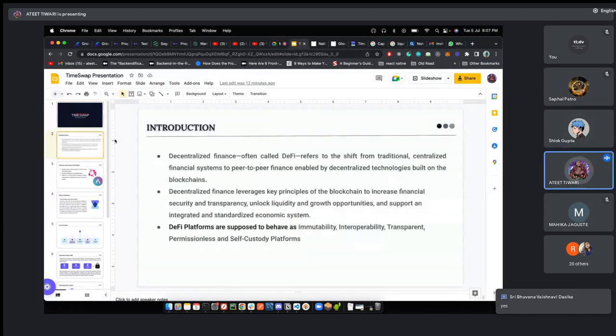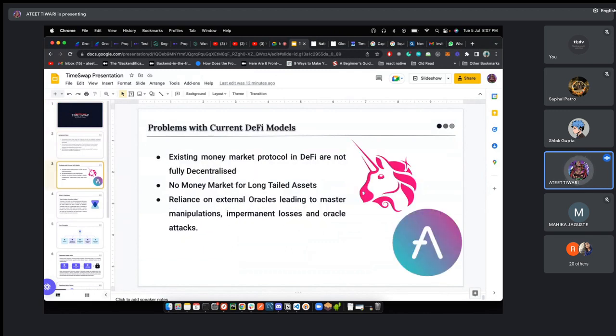Yes. So basically, I won't be starting with the introduction of DeFi and everything. I am hoping that everyone here knows what pooling, DeFi, and everything is. I will come to the problems the current DeFi models have. I will start with Aave. We call it a decentralized financing solution, but it is basically using oracles, which is not so decentralized.